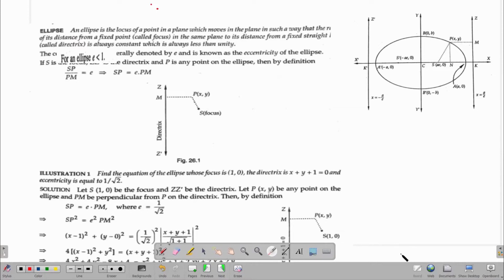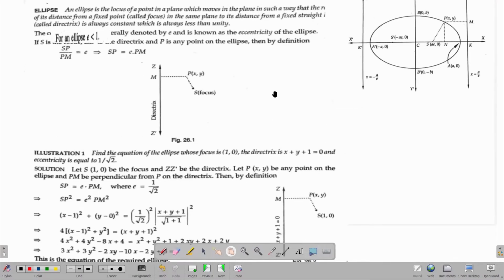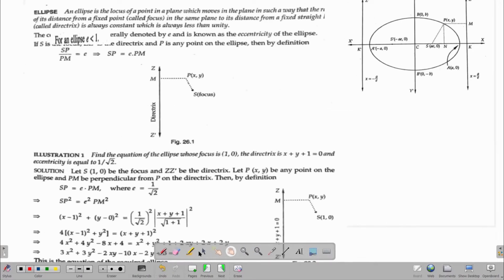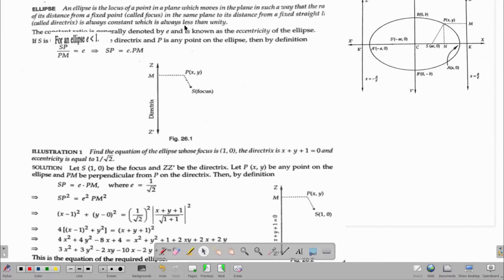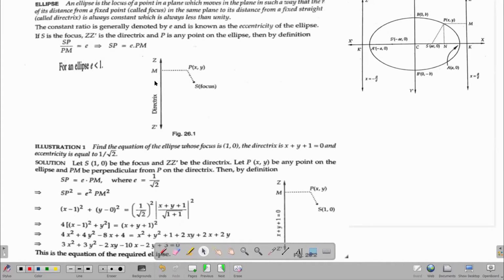An ellipse is the locus of a point on a plane which moves in such a way that its distance from a fixed point, that is the focus, in the same plane to its distance from a fixed straight line, that is the directrix, is always constant, which is always less than unity.